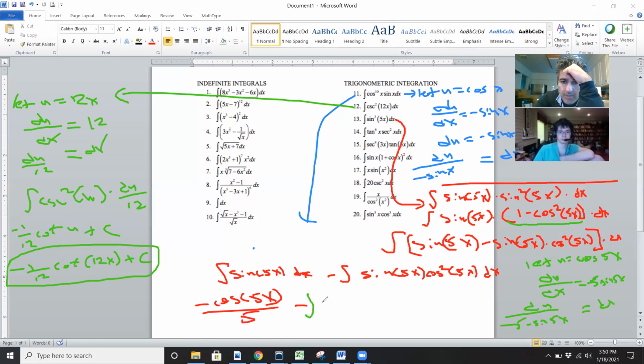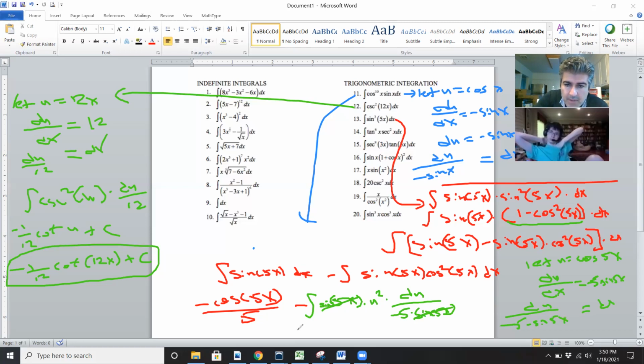So now you got the integral, and you get a u squared. Yeah, and then you have to integrate that.